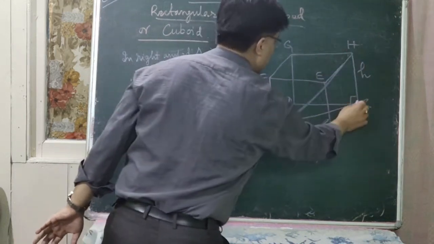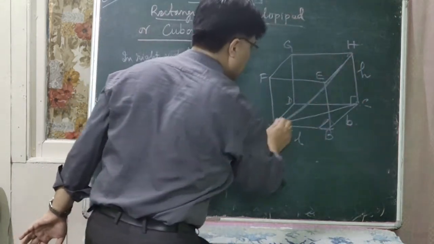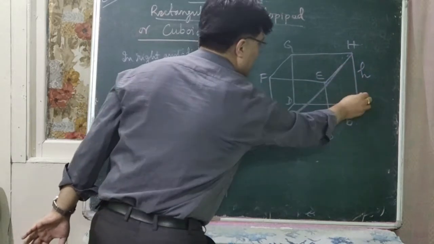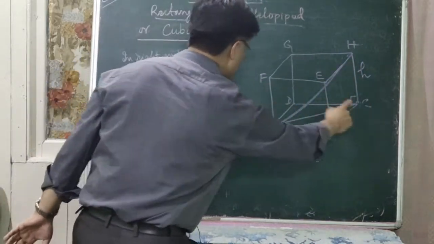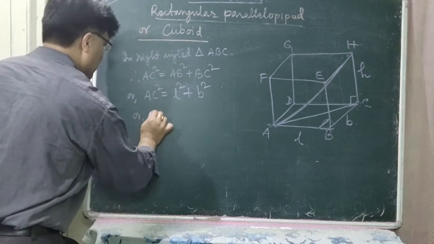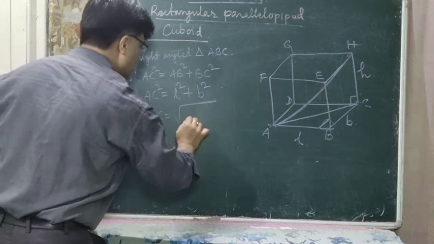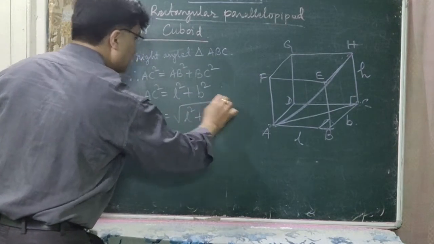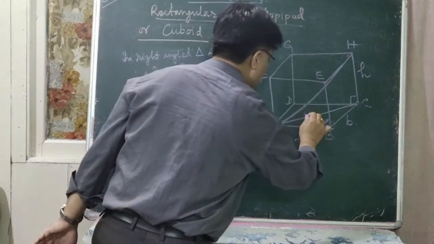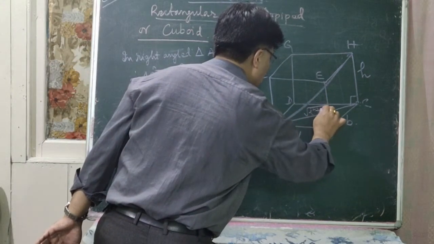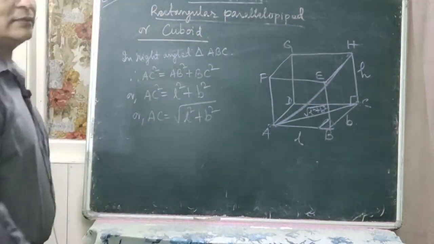HAC इज अ राइट एंगल ट्रायंगल। त्यसमा यो AC को लेन्थ कति आउँदैछ त? सो AC इज इक्वल टु रुट ओभर L स्क्वायर प्लस B स्क्वायर। तो यो AC को लेन्थ रुट ओभर L स्क्वायर प्लस B स्क्वायर भयो। Is that clear?